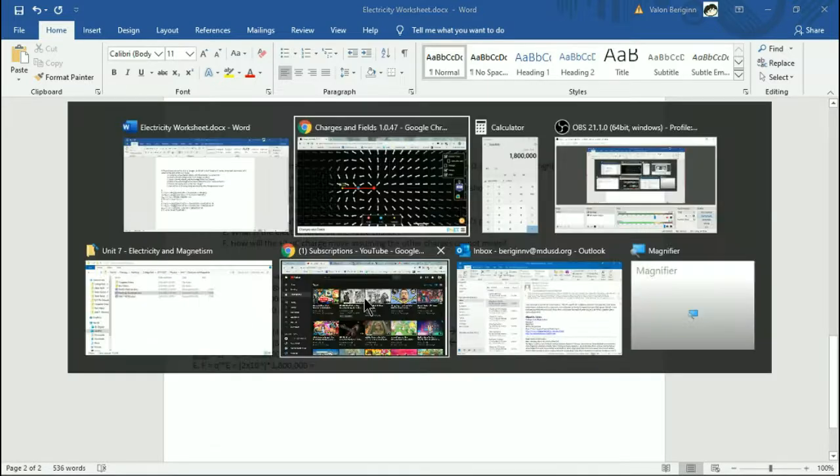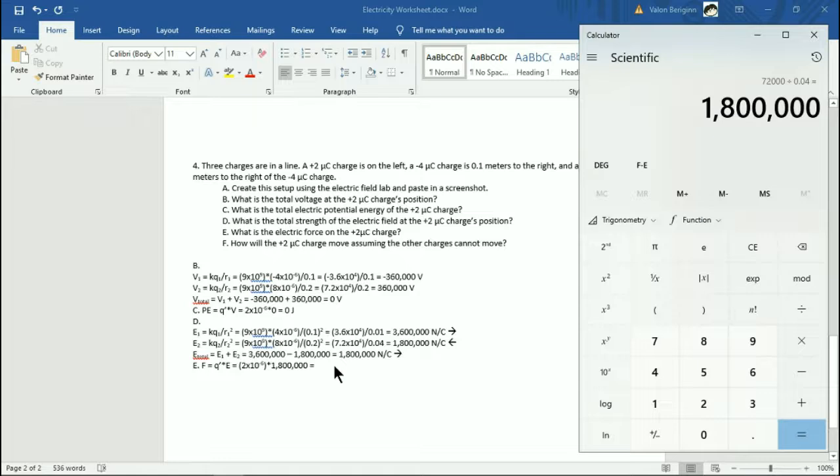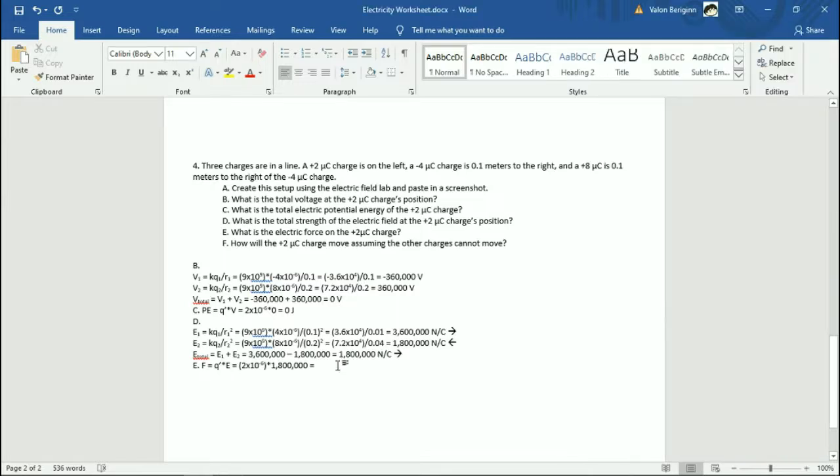So what do we get? Times 2 microcoulombs, it's going to be 3.6. And the direction of this, it's a positive charge, so it's going to follow the direction of the field, so it's also going to be to the right.